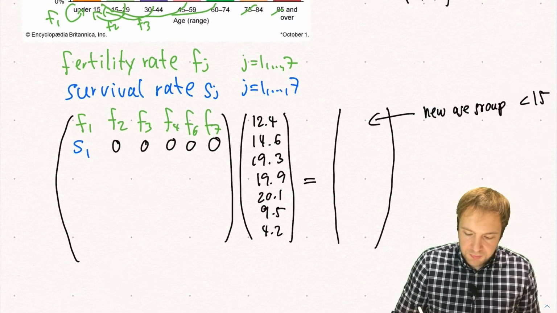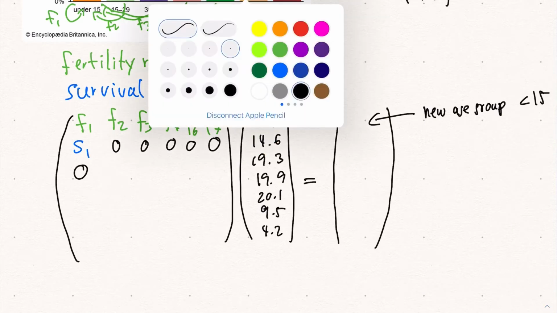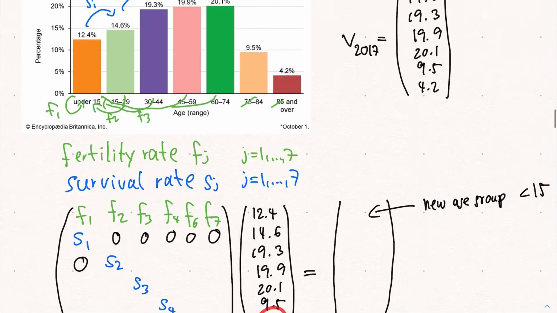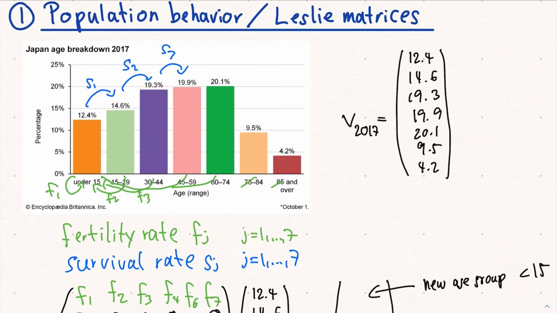But then we also see that the third age group will be the second age group multiplied with S2. So this will be a 0. And then we have S2 here. And then here we will have F3, F4, S6. And here in the last age group, here we would have S6.